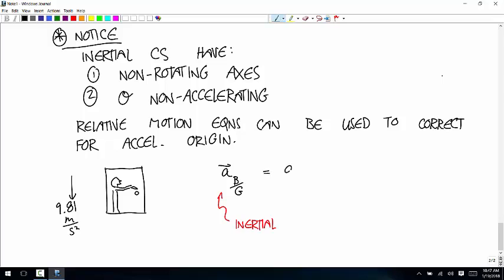You would take the acceleration of the ball relative to the elevator plus the acceleration of the elevator relative to the ground. The first is the measurement you take in the elevator that makes it look like it's hovering. But add it to what you know about the acceleration of the elevator, and now you have an acceleration of the ball that you can use in Newton's second law, and it works.